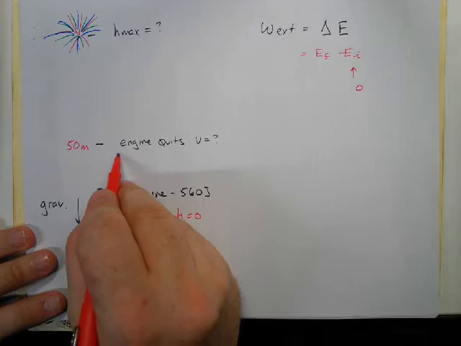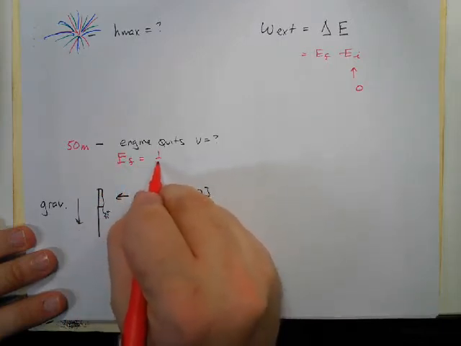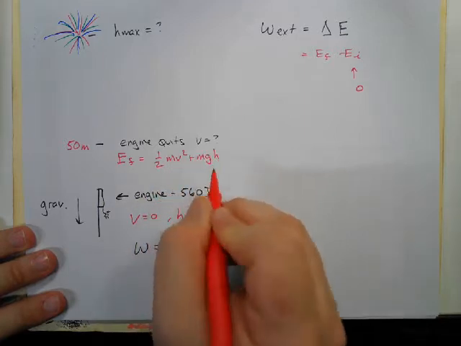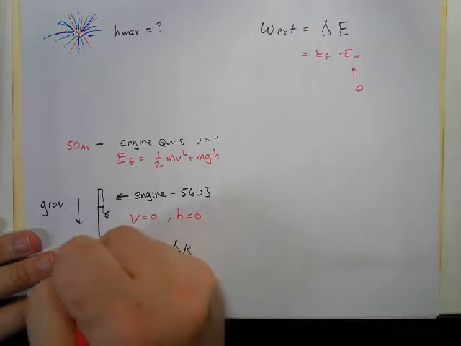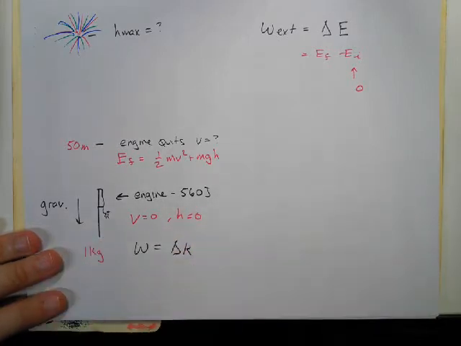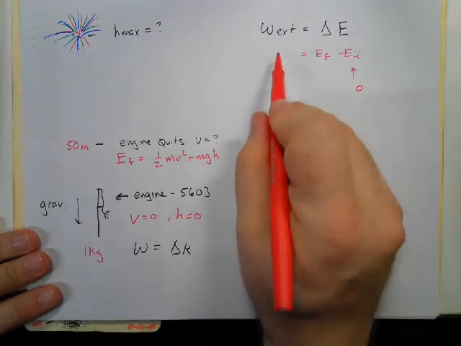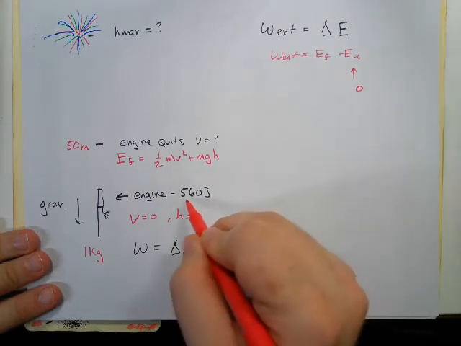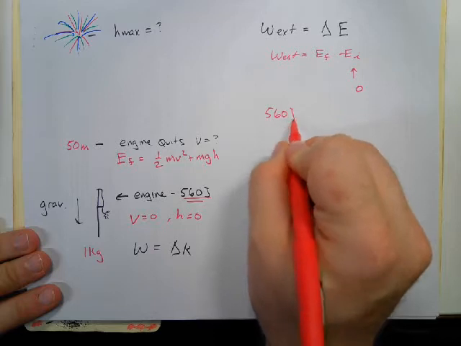E final is going to be 1/2 mv squared plus mgh. We need some mass here. Let's say it's 1 kilogram. So our external work is going to be the amount that we use, 560 joules.